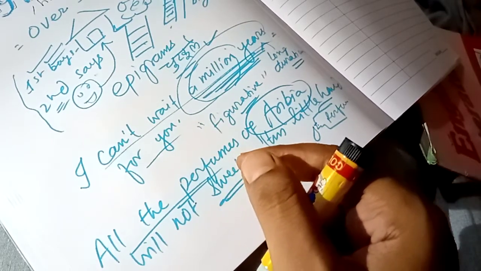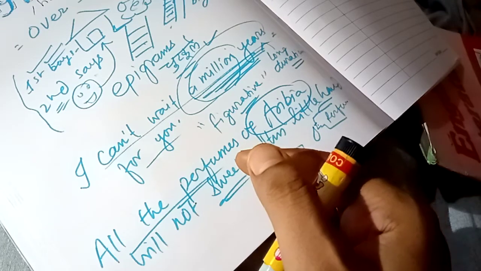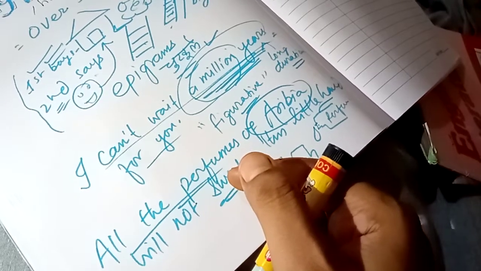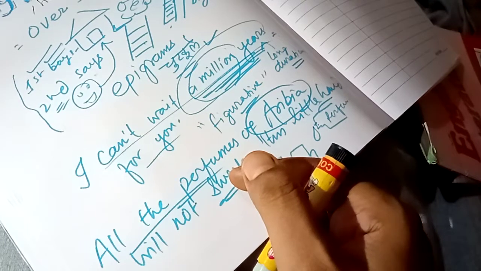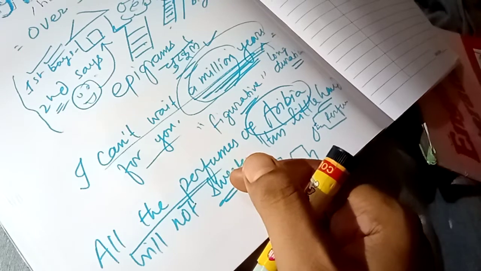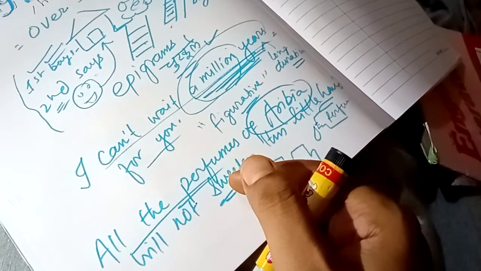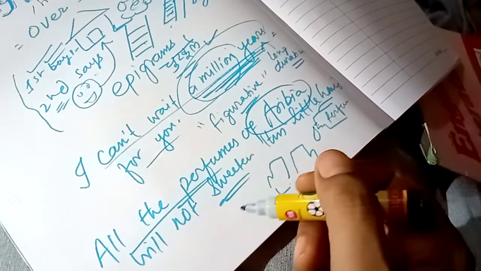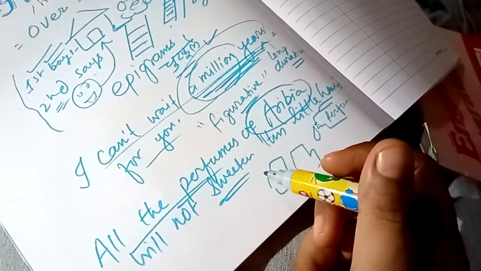Actually, they murdered the king, and that scene is felt like that. The scene is so deep that it cannot be obliterated easily. So with that feeling, this dialogue is made: all the perfume of Arabia will not sweeten this little hand.